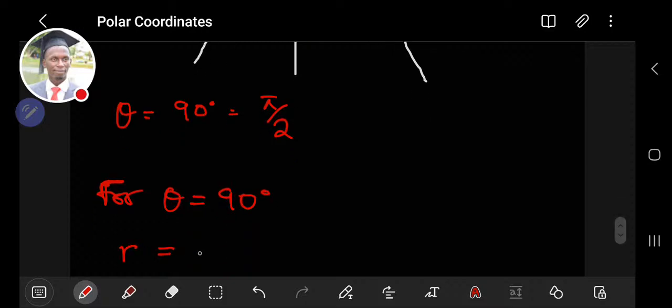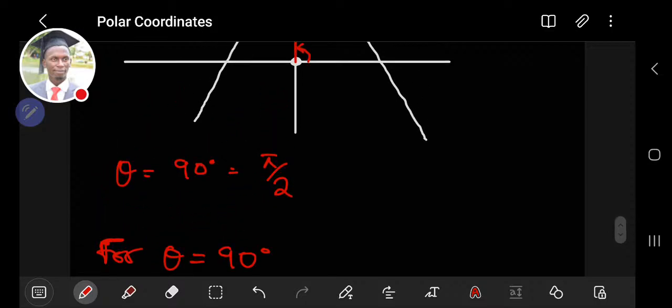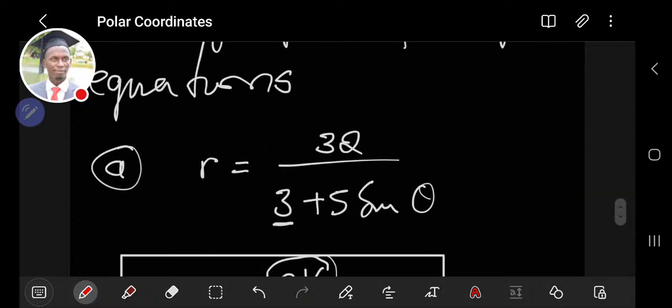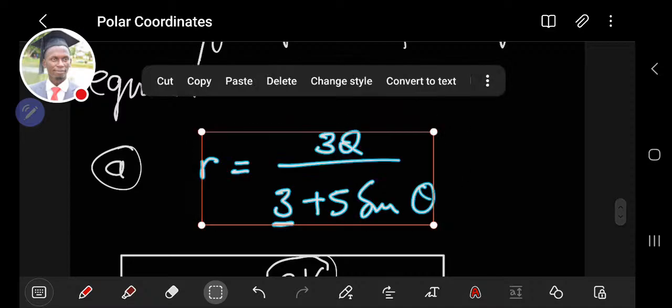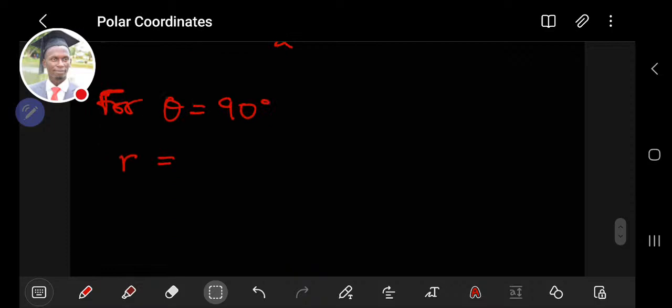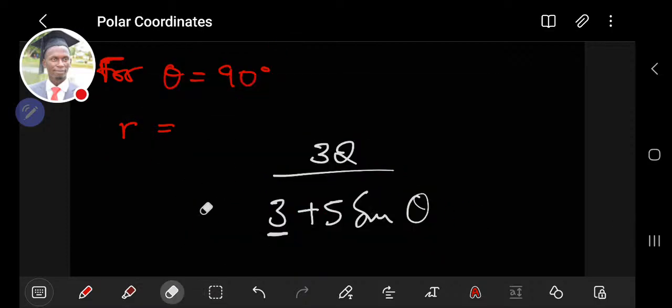To find this value of r, we go to the original expression. And our original expression was, what was that? That was this expression here. I want to find what r is going to be when theta is 90 degrees. So this is what we have.